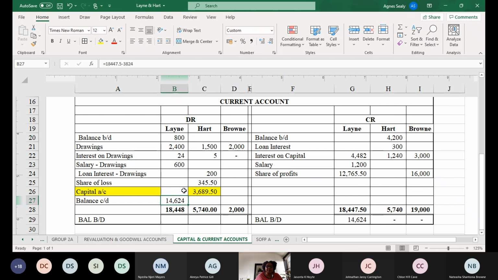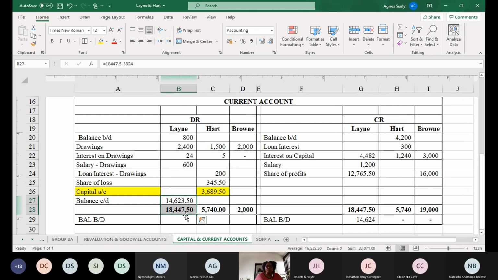So let's put our decimals. So Layne has a credit balance of $14,622.50. It is carried down on the debit side and brought down on the credit side.